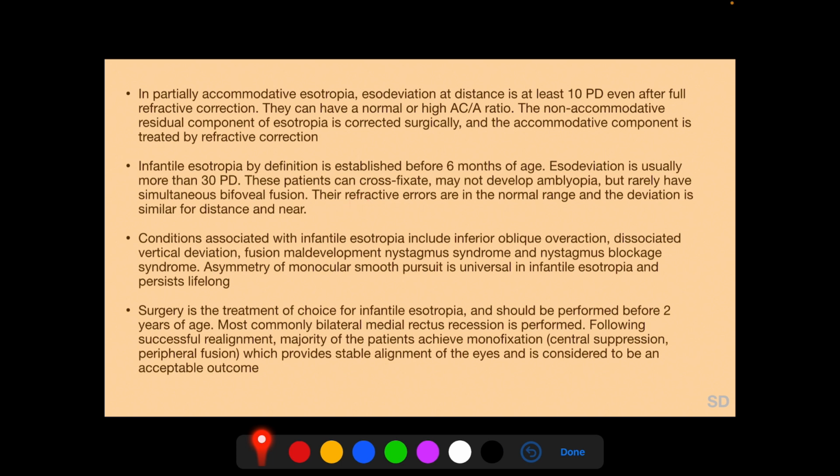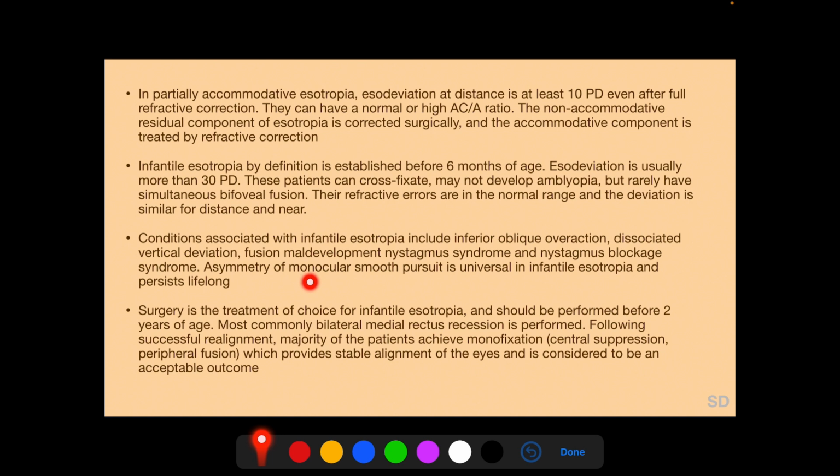Their refractive errors are in the normal range, and the esodeviation is similar for distance and for near fixation. Conditions associated with infantile esotropia include inferior oblique overaction, dissociated vertical as well as torsional or horizontal deviation, fusion maldevelopment nystagmus syndrome, also known as latent nystagmus, and nystagmus blockage syndrome.